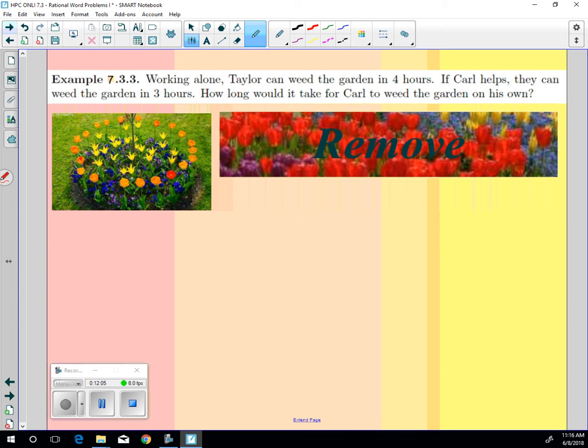So it looks like the rate for Taylor plus the rate for Carl will be what for the rate of both? Well, they should equal, shouldn't they? So remember, rate is amount per time.